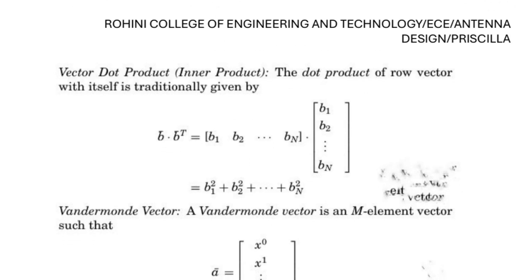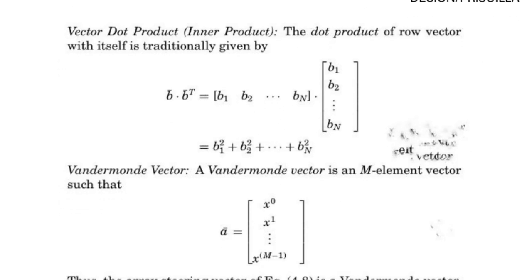The next thing is the vector dot product. The dot product of the row vector with itself is traditionally given by B dot B transpose. The row B1, B2, up to Bn is multiplied by the column vector B1, B2 up to Bn, so we get B1 squared plus B2 squared plus up to Bn squared.